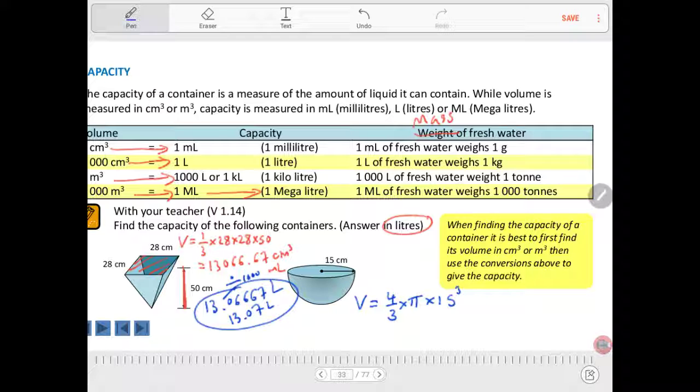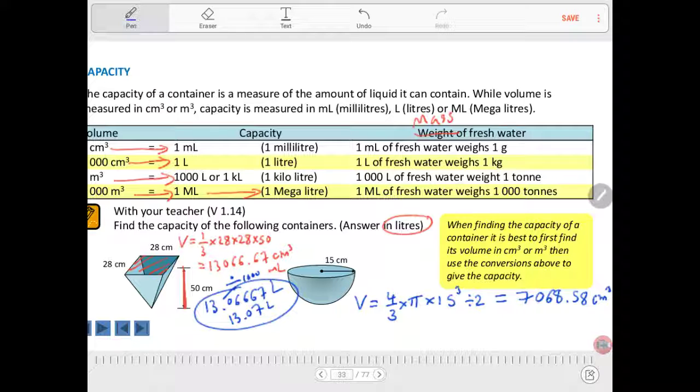Now, of course, that would give us the full sphere. So we need to divide this answer by 2. And that gives us 7,068.58 cubic centimetres.